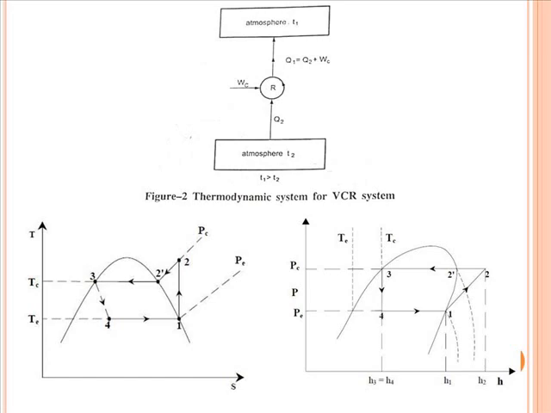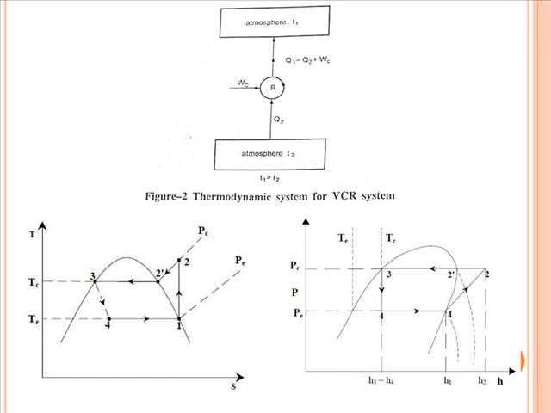It is a dry saturated liquid. Then 3 to 4 is expansion process, and 4 to 1, that is evaporation process, that is our refrigeration effect. So 1 to 2 is a compression work required, 2 to 3 is a heat rejection process, 4 to 1 is heat absorption process, whereas 3 to 4 is isenthalpic process, where H3 is equal to H4.